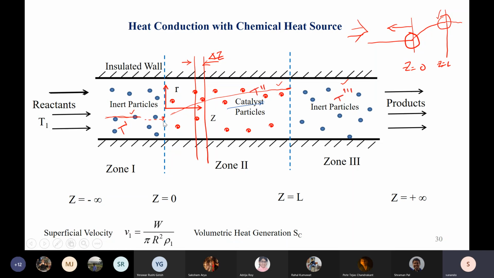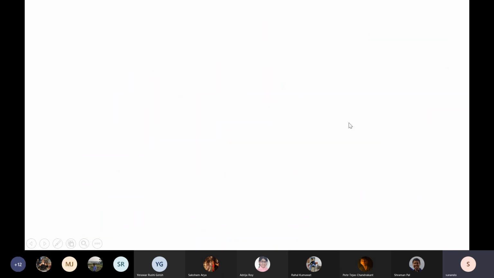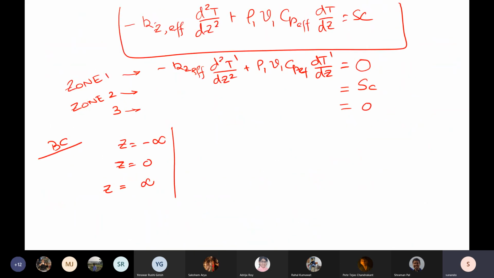At the location between these two, T1 would be equal to T2. At this point, T2 would be equal to T3. And when we go all the way up to plus infinity, you would see mathematically why it is important, I'm going to say T3 is finite.